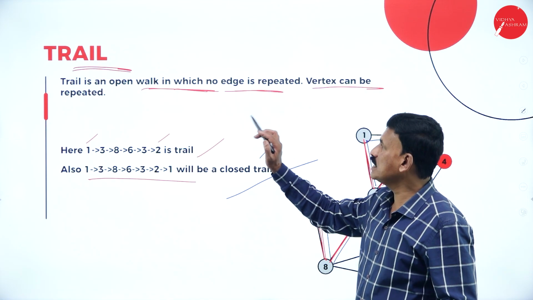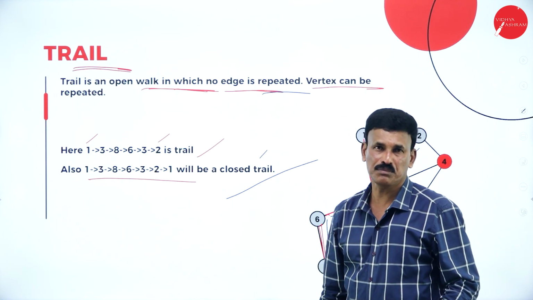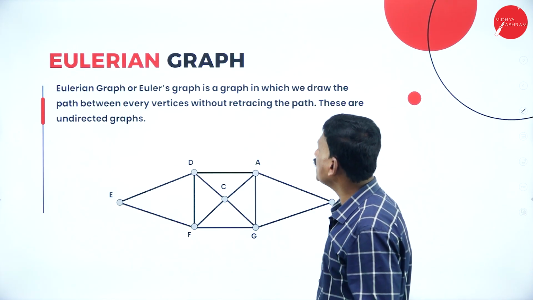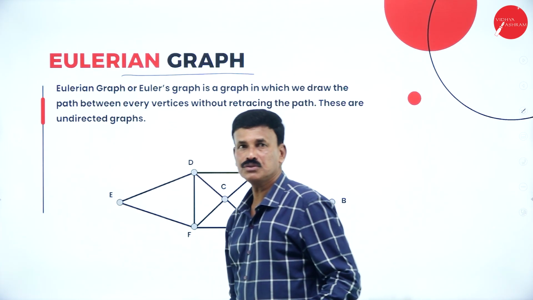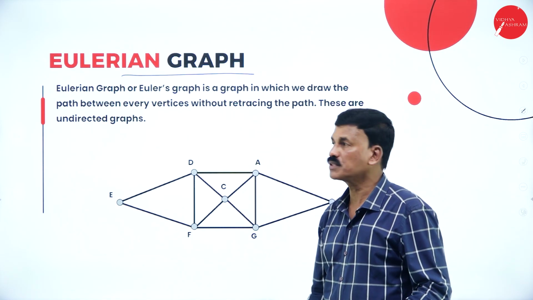So in general, a trial is an open walk in which no edge is repeated, but a vertex can be repeated. Let us come to the next one, the Eulerian graph. This is very important; you may expect one question from this.